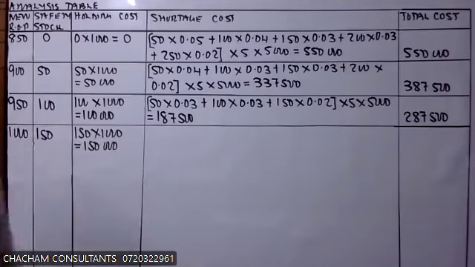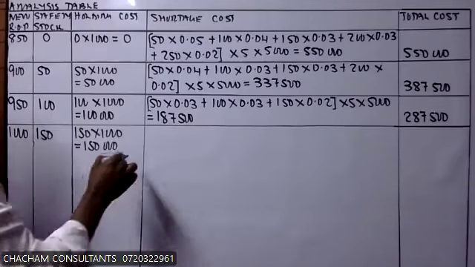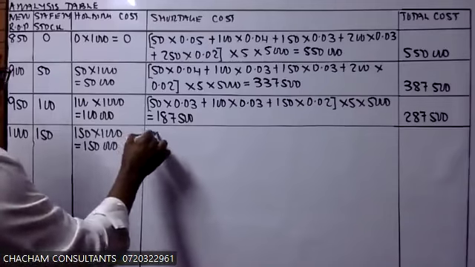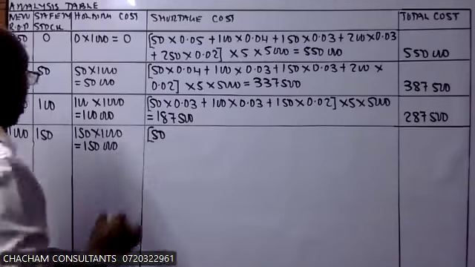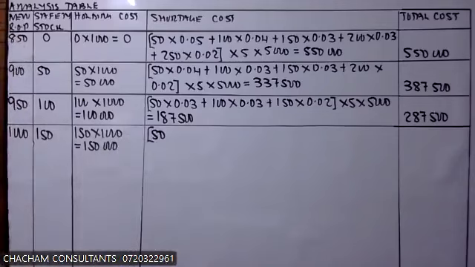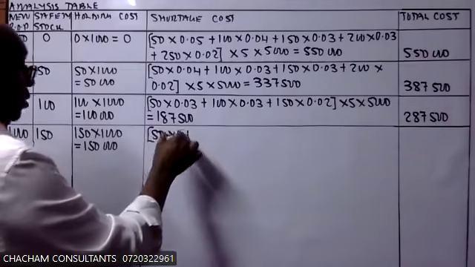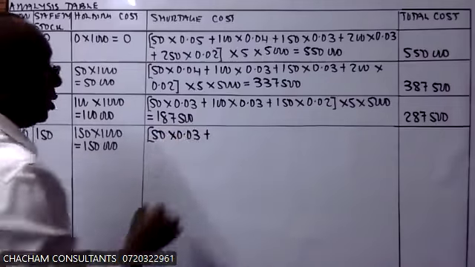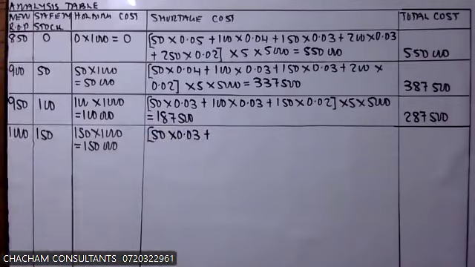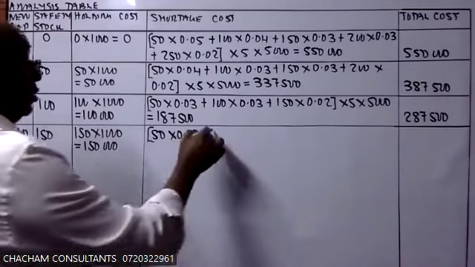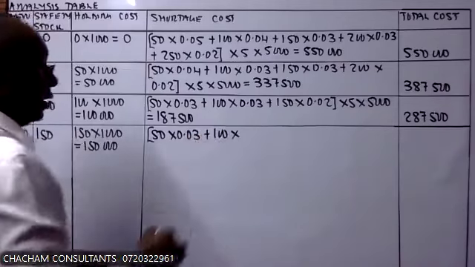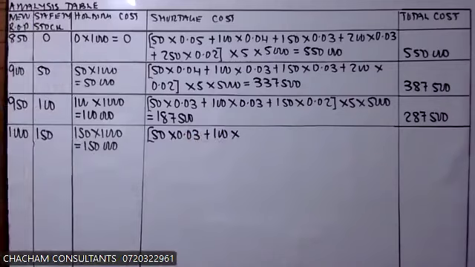When we come here, we will have a shortage of 50 if we got 1050, and the probability of that is 0.03. Plus, if we go to 1100, we will have a shortage of 100, and the probability of that happening is 0.02.